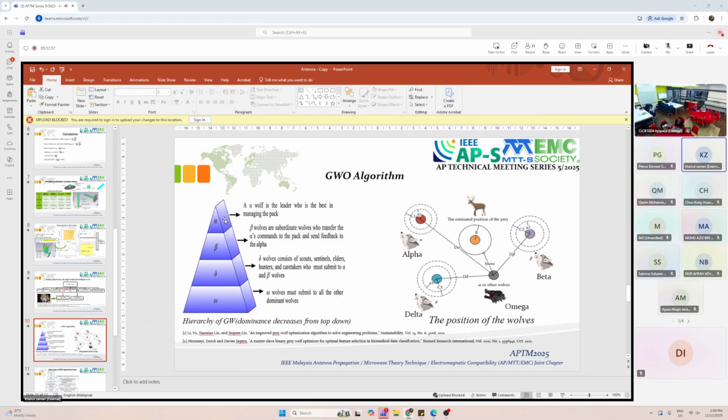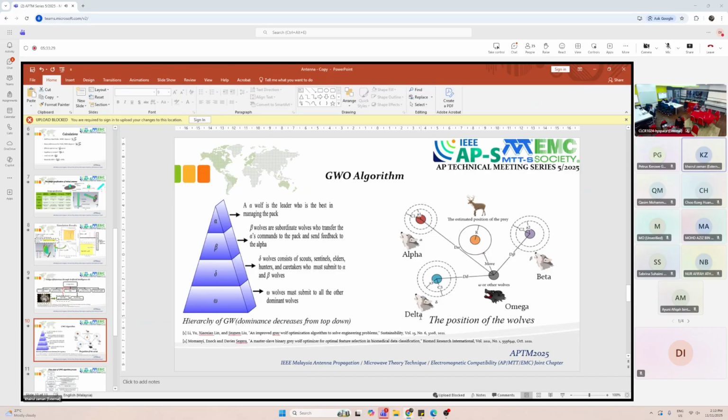Alpha, here is the alpha, as we can see in the position of the wolf. Beta, here is beta, as we can see. Beta is the wolf who transfers the alpha's commands to the group and sends the feedback to alpha, which is the connection between alpha and the wolf group.